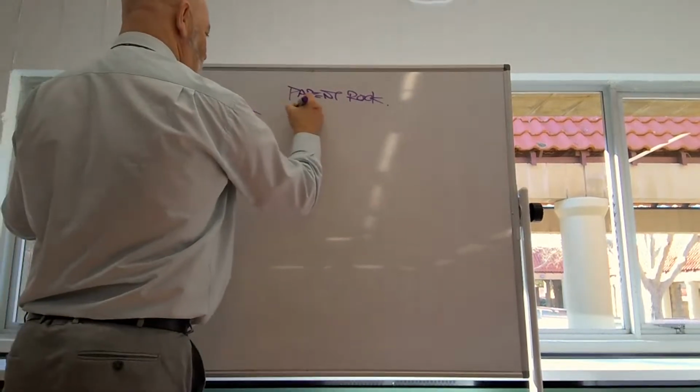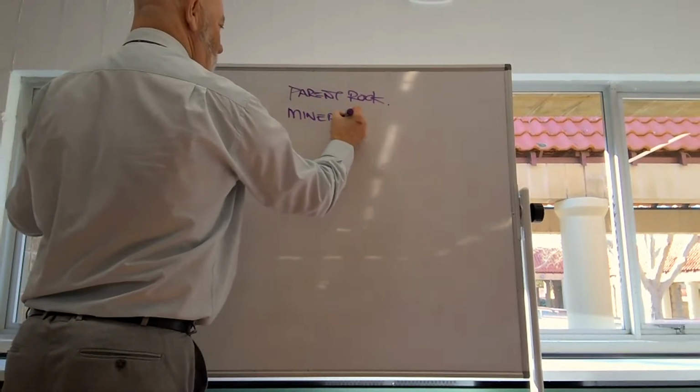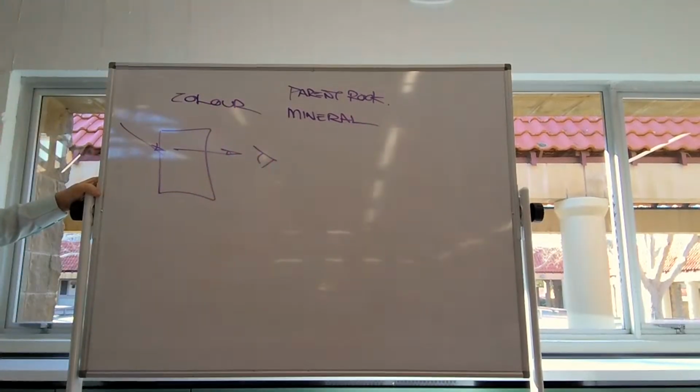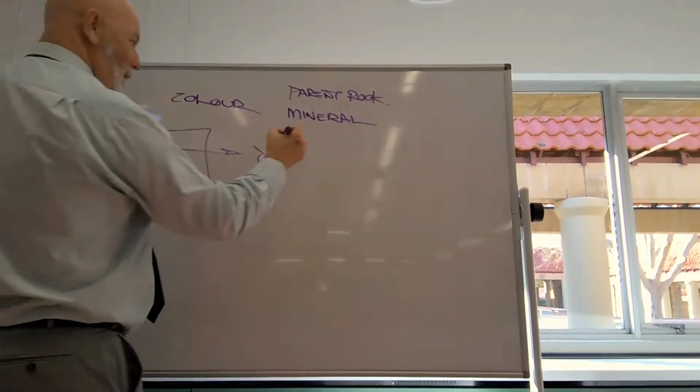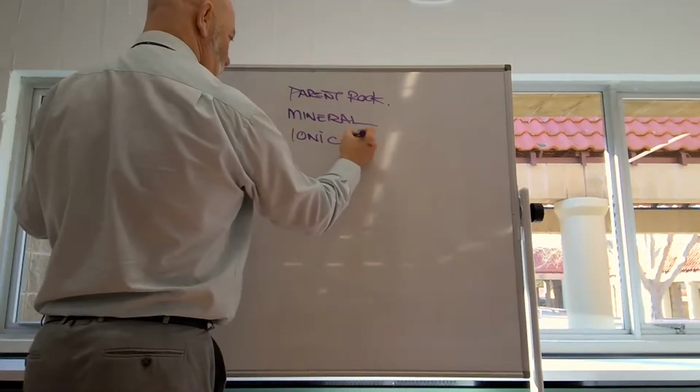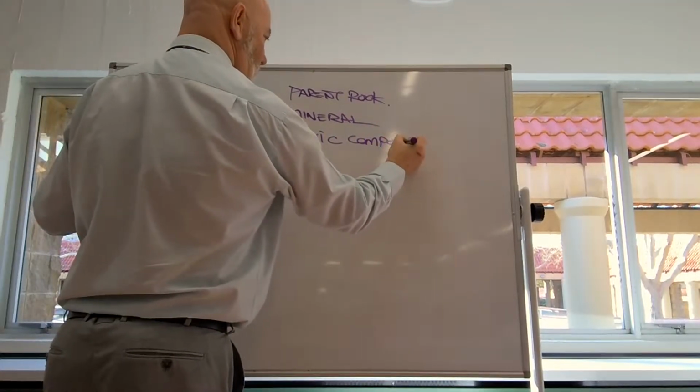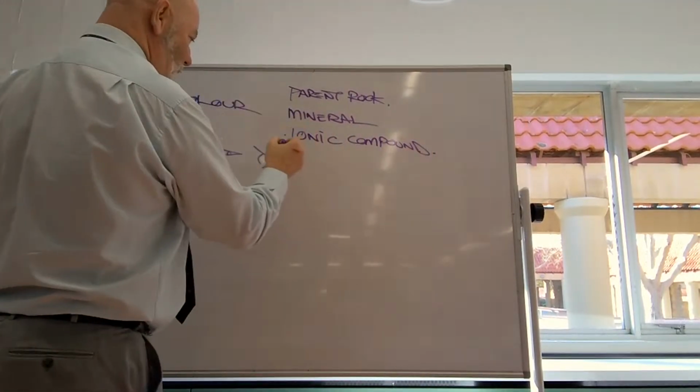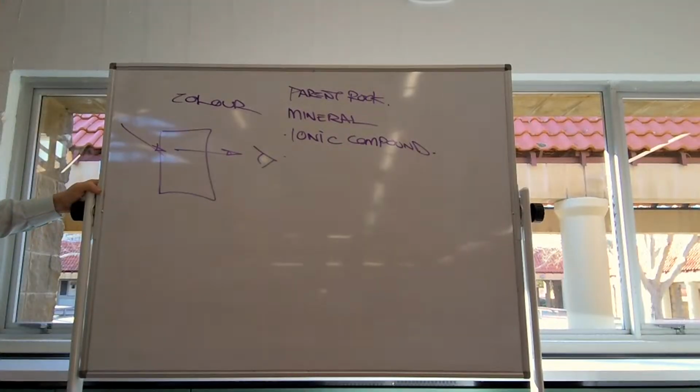But that's not enough information. What is a mineral? Like an ionic compound? Well done. It's an ionic compound. What word can we use that also starts with I that means it's an ionic compound?